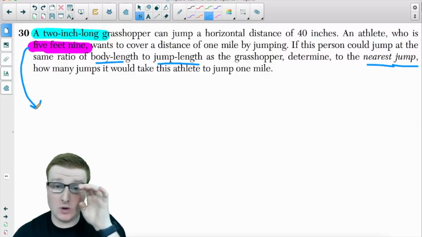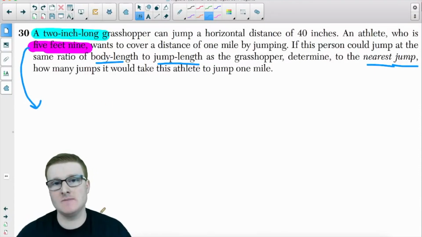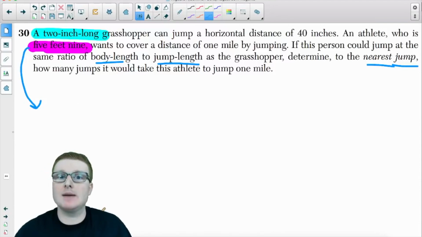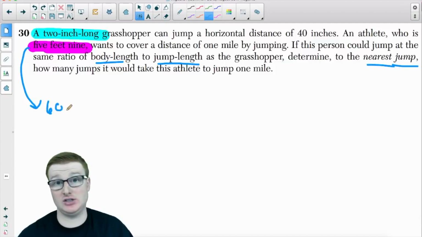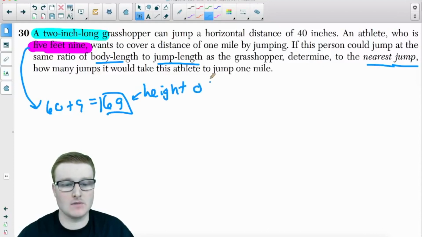It's not too bad of a conversion. 5'9" means 5 feet 9 inches. So you know it's 9 inches, but what is 5 feet in terms of inches? Well, you just take 5 feet times 12, because there's 12 inches in a foot. That gives you 60 inches. Add on the additional 9. This athlete is 69 inches. This is the height of the athlete. Okay?